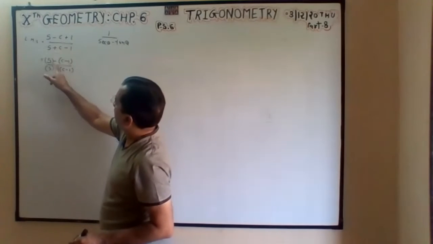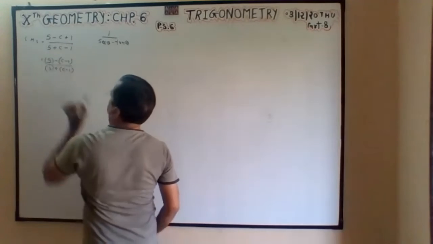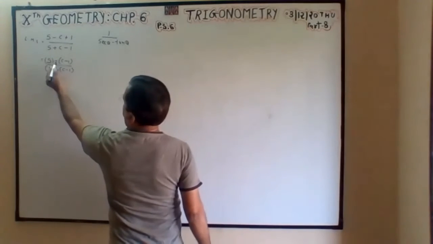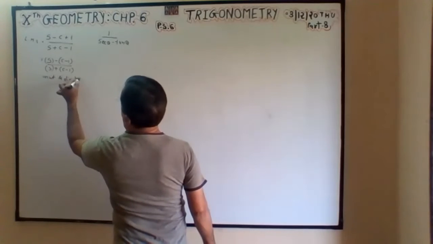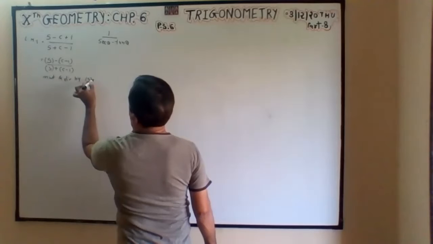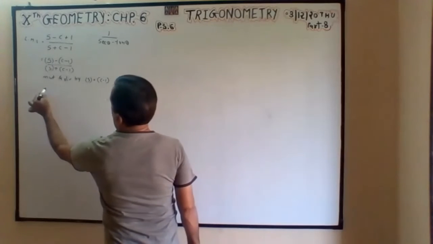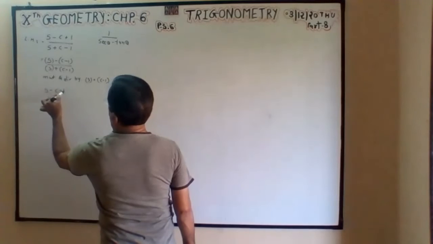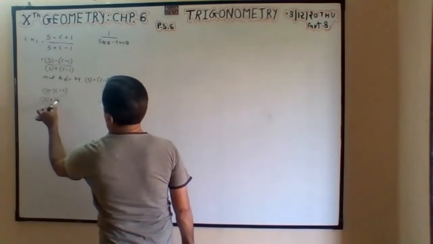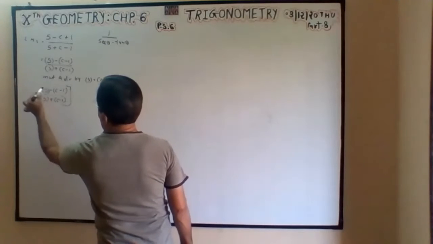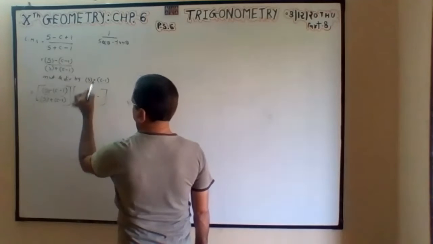Here I have taken minus out, so minus minus plus 1. Now here it is plus, so multiply and divide by S plus C minus 1. So S minus C minus 1, S plus C minus 1, that I have copied. Now multiply and divide by same.